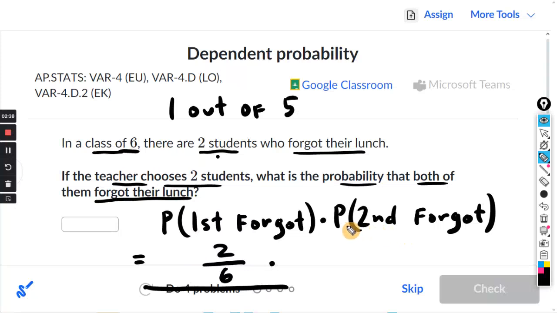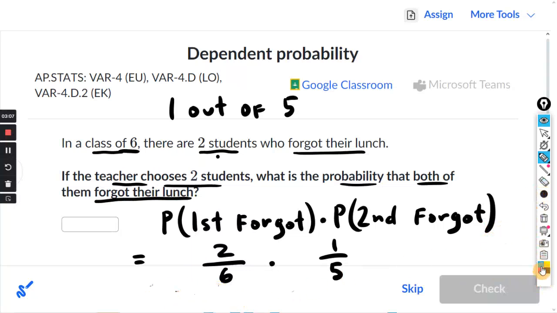So the probability that the second student forgot is only going to be 1 out of 5, because she already chose 1 student here. Now there's only 1 left that forgot the lunch, and out of the 6, now there's only 5 total left over. So basically, it's just going to be 2 over 6 times 1 over 5.